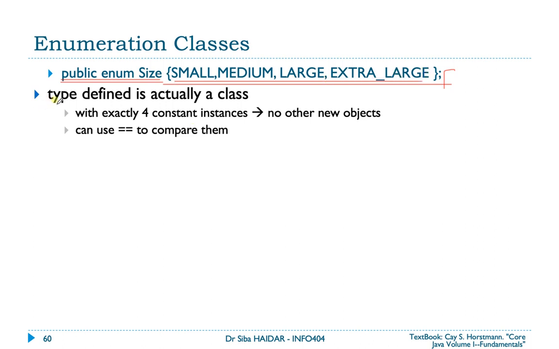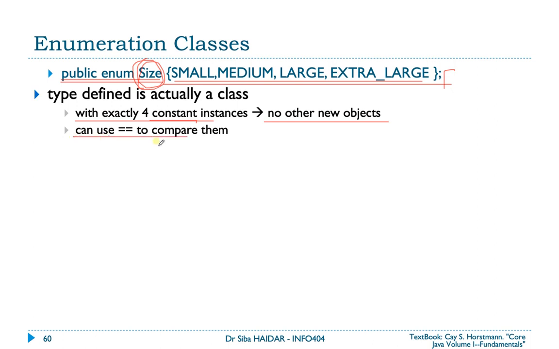So this type that is defined, the Size type, is actually a class. It is actually a class and not just any class. This is a very complicated class, but you have to know that this class will have only 4 instances, and those instances are constant. So this is a class which will have exactly 4 instances that are constant, and no other new object can be made.